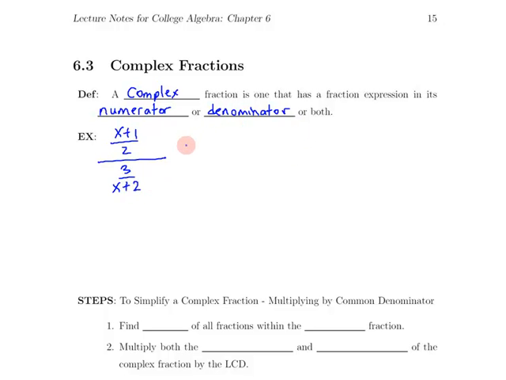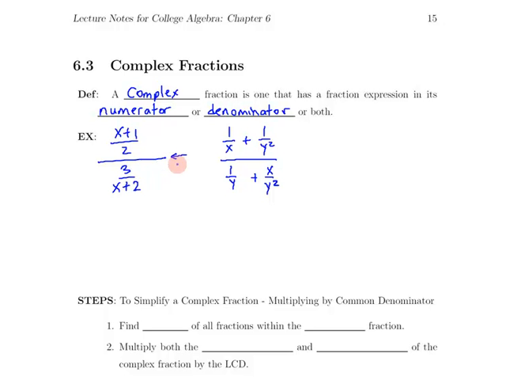Notice how you've got a main fraction bar, which you can clearly see is larger than the other fractions. So you can tell by looking that you've got a fraction inside the numerator and a fraction inside the denominator. Another example might be something that looks like this: 1 over x plus 1 over y squared, divided by 1 over y plus, say, x over y squared. All right? See? Fractions inside fractions.